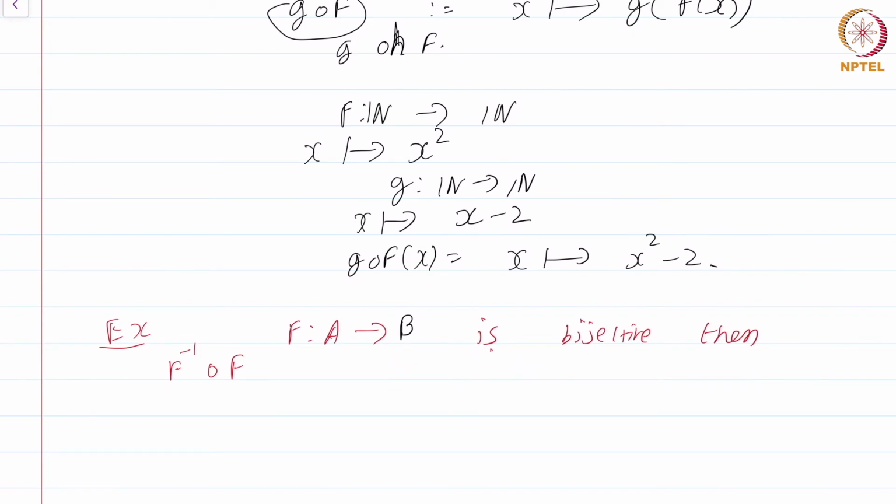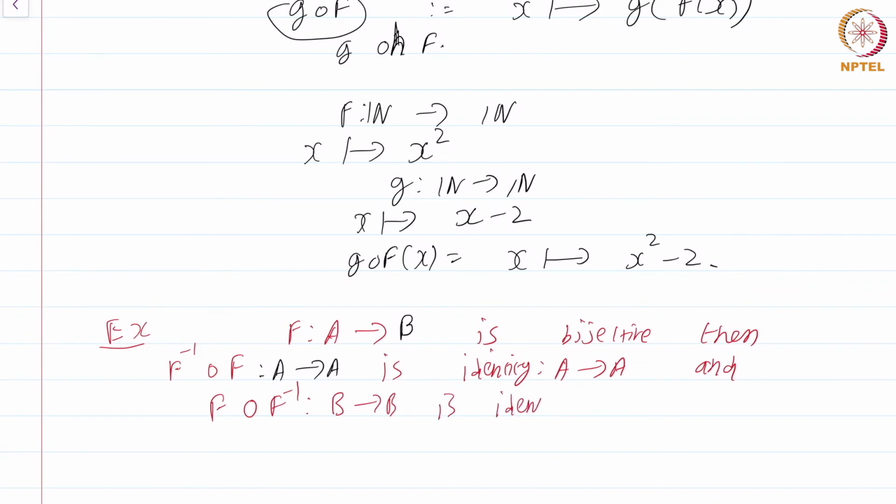f inverse composed with f will be a function from A to A. This function is identity from A to A, and f∘f inverse is a function from B to B, is identity from B to B. Okay, so in this sense it's an inverse.